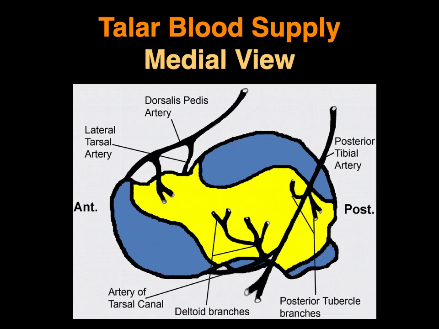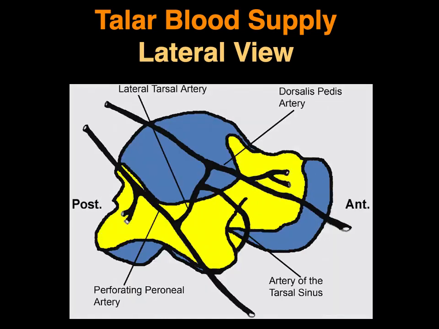The posterior tibial artery gives rise to posterior tubercle branches, as well as deltoid branches, and the artery of the tarsal canal, which wraps around the medial aspect of the neck and anastomoses with the lateral tarsal artery to form the inferior portion of the retinacular vessels of the talus. The lateral view shows the dorsalis pedis artery as well as the perforating peroneal artery.